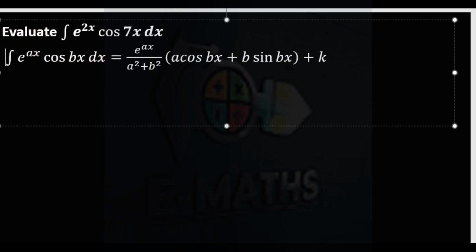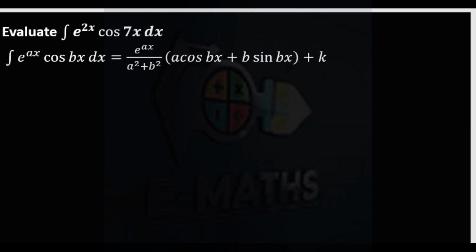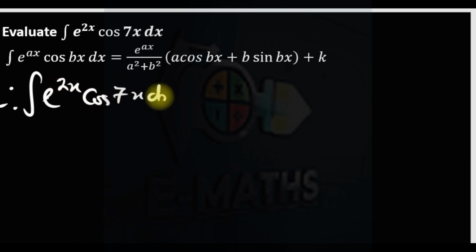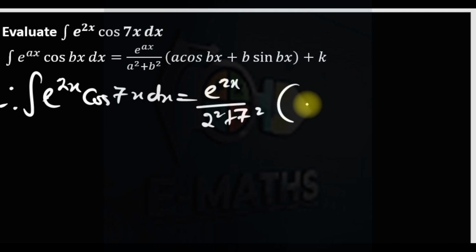So let's solve. From this, the integral of e raised to power 2x cos 7x dx is now, our a is 2 and our b is 7. So I have e raised to power 2x over 2 squared plus 7 squared, times 2 cos 7x plus 7 sine 7x plus k.